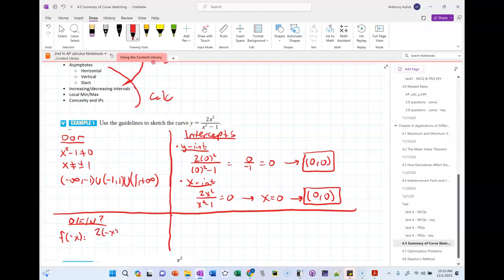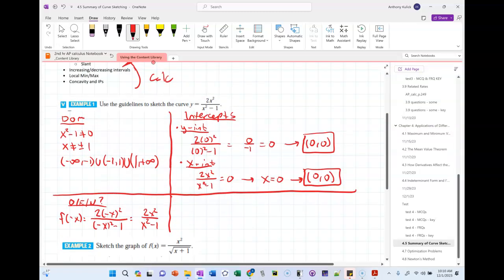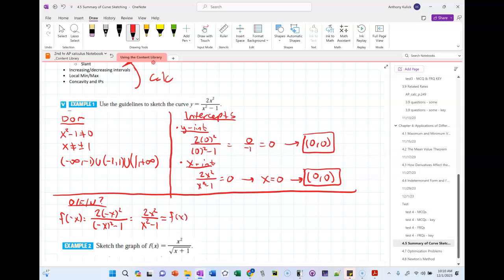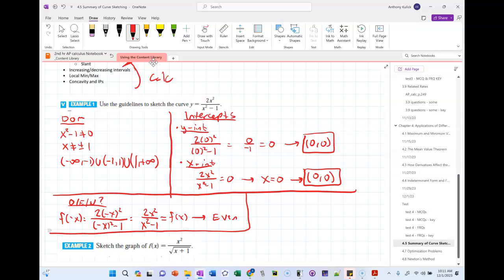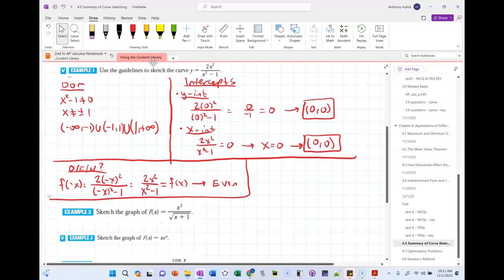So if I plug in negative x into all the places, and I simplify, I get this, which is just what we started with, right? That's f of x. So we know we're even. That's our definition for even, is if f of negative x is equal to f of x.